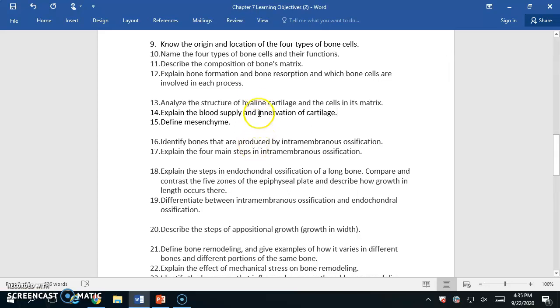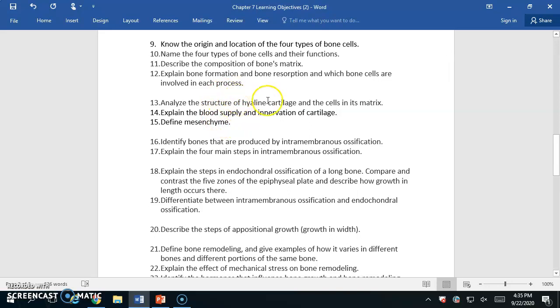The first objective we need to cover is to understand the scaffolding or the framework tissue that has to be present in order for bone to form.